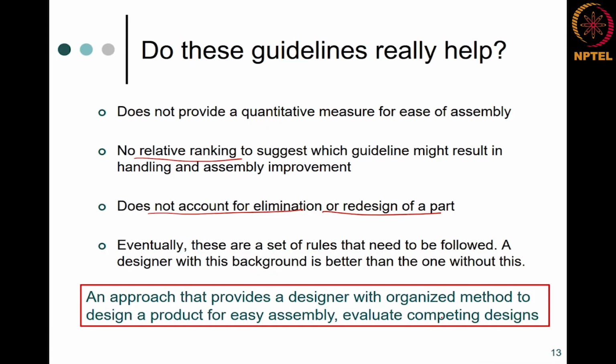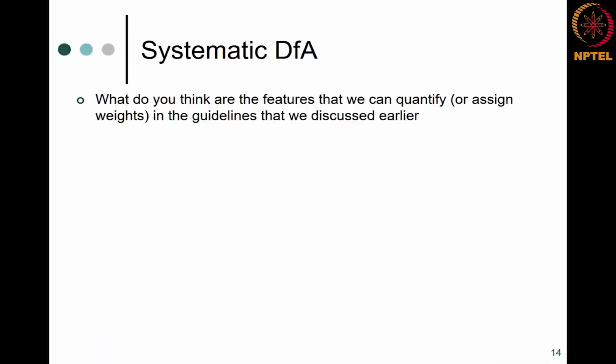Yeah, so the approach that provides a designer with an organized method. So, this is step 1, this is step 2, this is step 3, and then you get a metric for the assembly, and then you will be able to compare these two assemblies. So, it is an organized method to design a product for easy assembly and be able to evaluate it and compare it. So, what does systematic design for assembly mean, or what are the different steps in that?